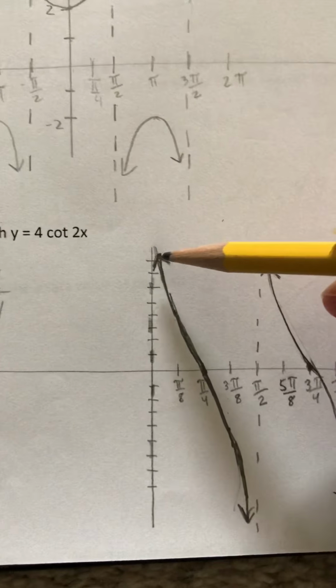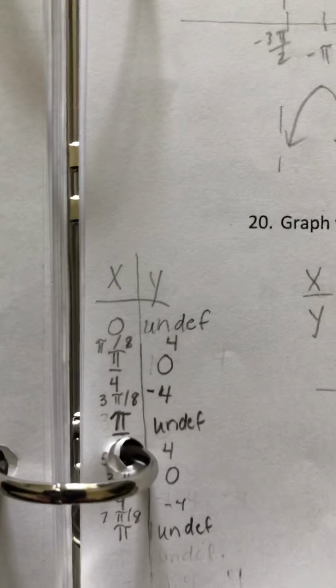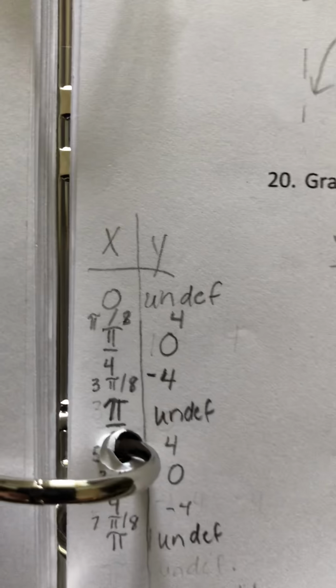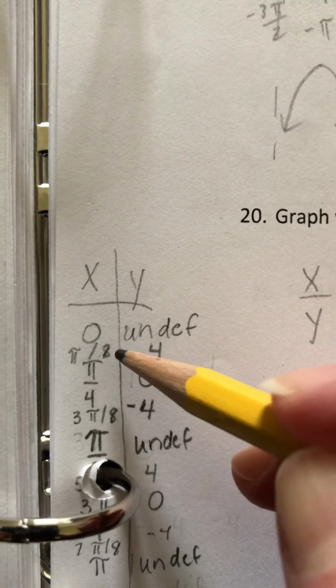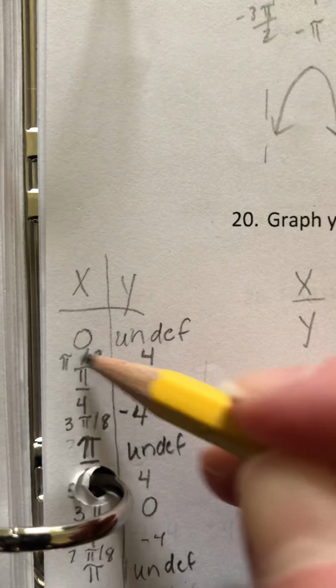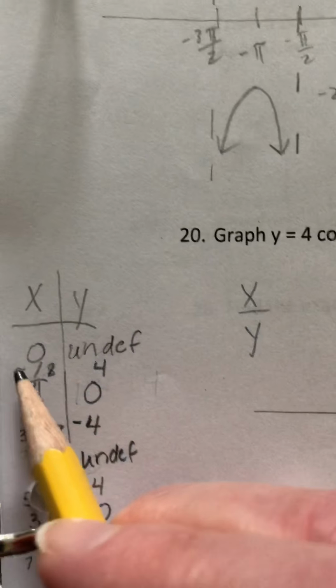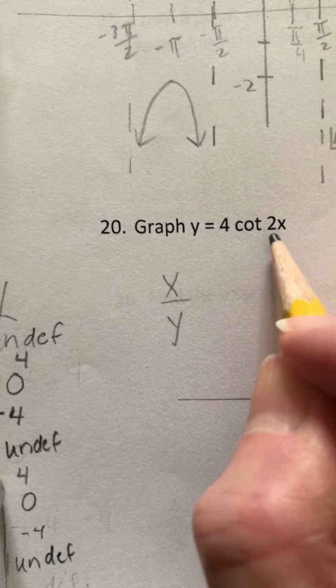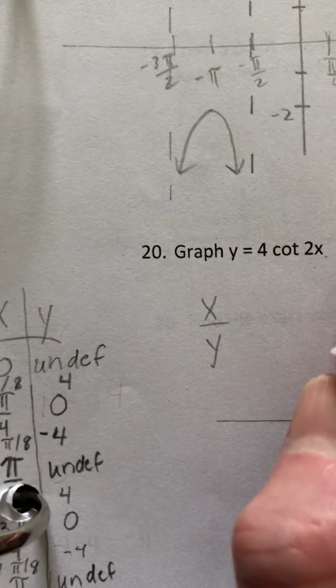You should know the general shape of the cotangent goes like this. And you can make a chart to complete the rest of the values. So for example, pi over 8. Now I ended up knowing that I had to go smaller because of this. So when I plug pi over 8 in here, 2 times pi over 8 is pi over 4.